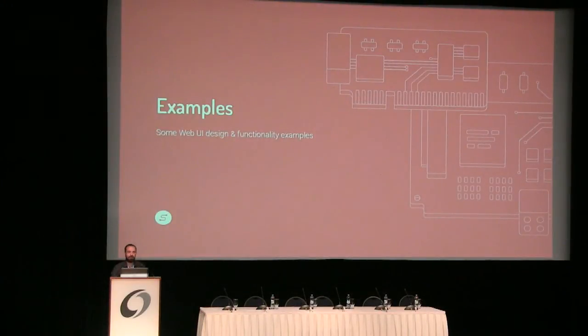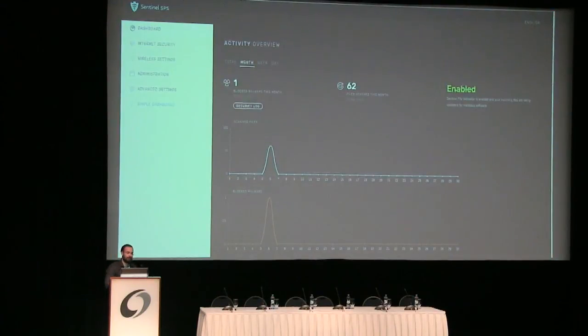I brought some examples of web UIs that we did in the past. Those are just a few of them, made for different customers of ours. So this is the Sentinel SPS from my presentation this morning. This is their main dashboard. As you can see, the colors are complementary and you can see everything clearly.